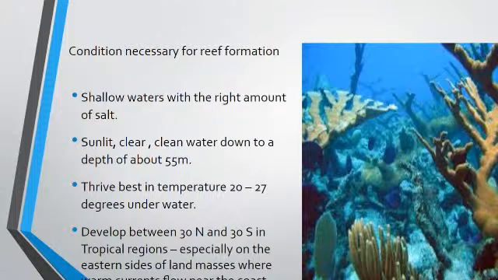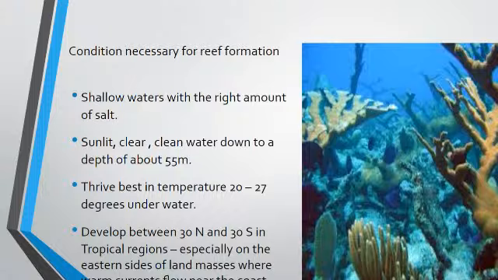So, conditions necessary. You need shallow waters with the right amount of salt. One, the water has to be shallow and it has to be clear and clean so that the sunlight can pass through the water, so that the sunlight can photosynthesize with the algae so that you can get your nice, beautiful coral colors.